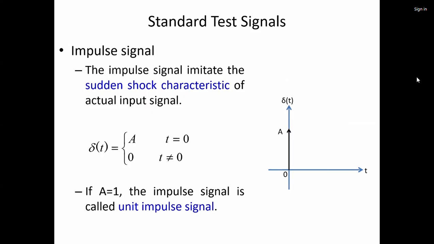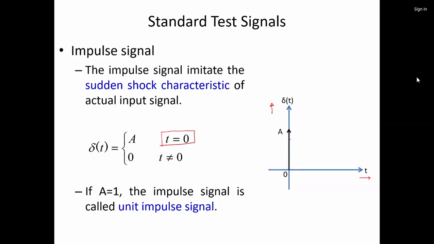Okay. You all know what an impulse is. You have a sudden jerk of signal coming over a very small time, almost at an instant. Here you have the x-axis, which is time, and the y-axis is basically the input. You can see this input is non-zero only at time t equal to 0.